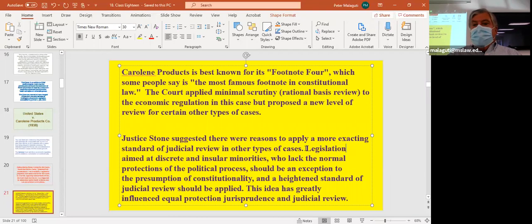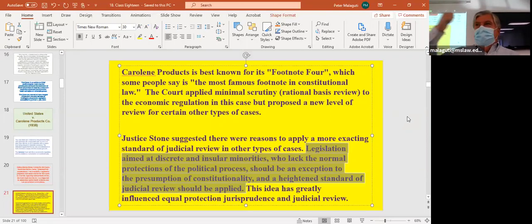He says legislation aimed at discrete and insular minorities who lack the protection of the political process should be an exception to the presumption of constitutionality, and a heightened standard of review should be applied. And hence, coming out of this footnote 4 is, what's the enhanced scrutiny? Race, national origin, alienage, gender, fundamental rights. And economic rights are not fundamental rights, okay?